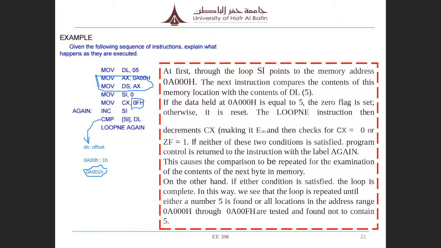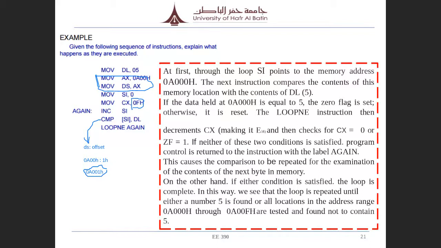All right, so at first through the loop SI points to the memory address 0A000, because SI starts at 0, then it becomes 1. So the next instruction compares the contents of this memory location with the contents of DL. Is it 5 or not?